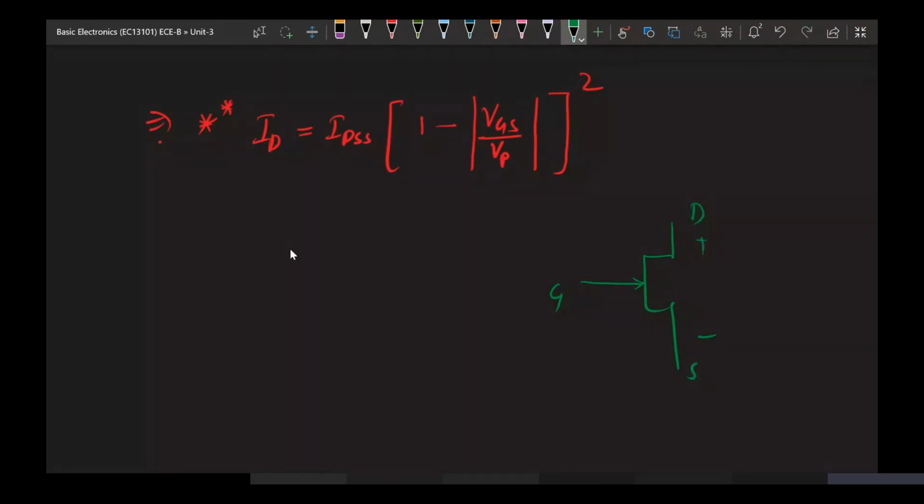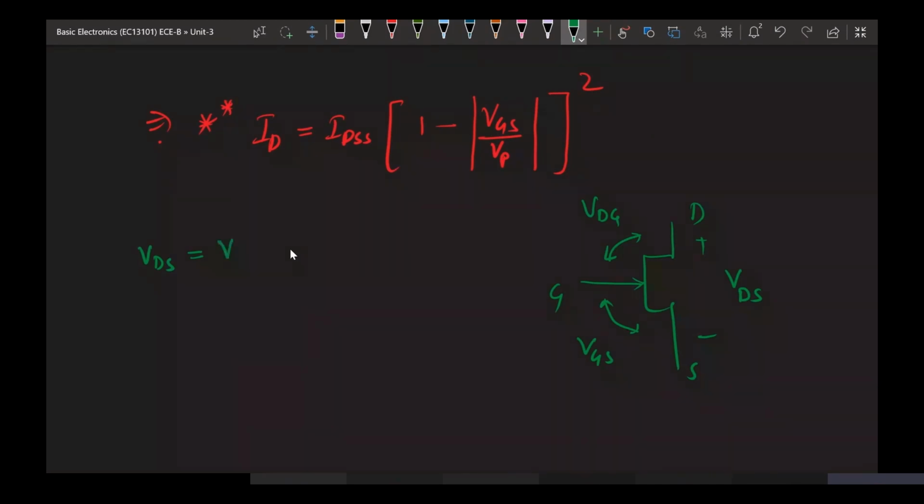This voltage is VDS, this voltage is VGS, and this voltage is VDG. So the different voltages of the JFET are defined.